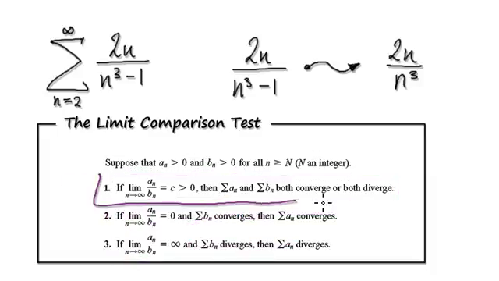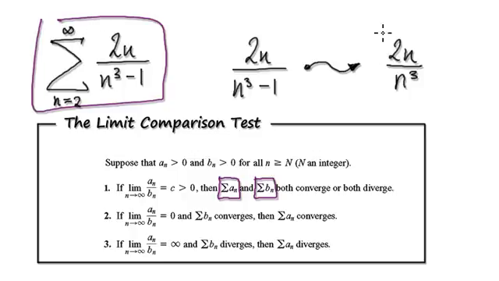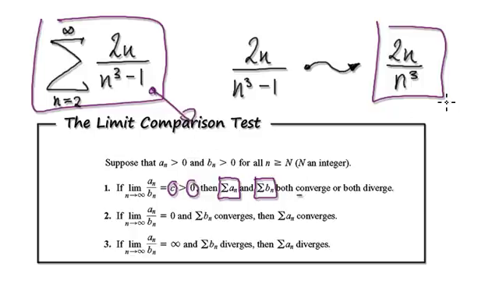This scenario is saying that the thing you're trying to investigate, compared with something that you know about, if the limit is greater than 0, then they both converge or they both diverge.